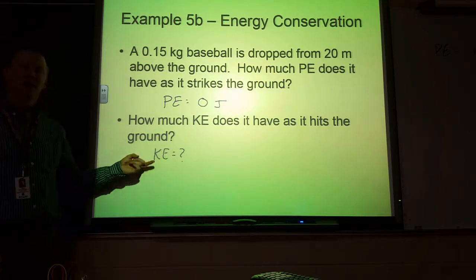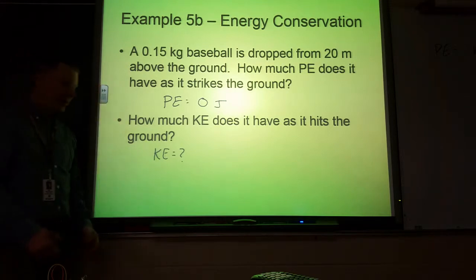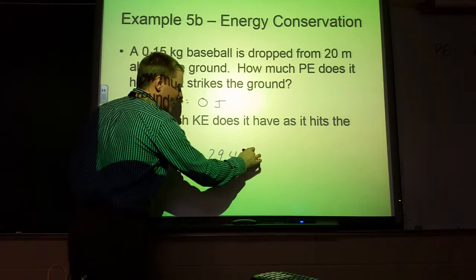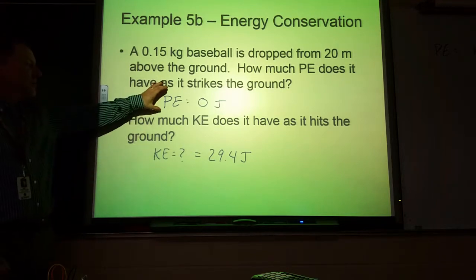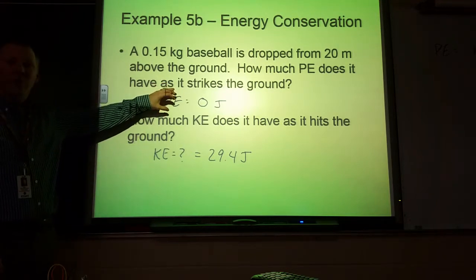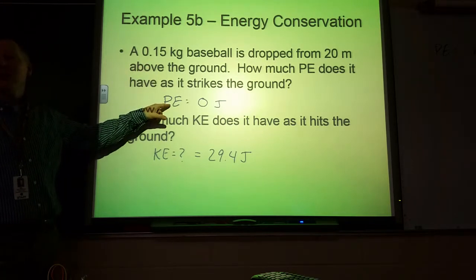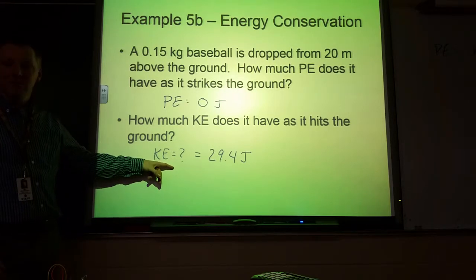So how much kinetic energy must it now have based on our previous problems? 29.4 joules. Right? We don't even have to calculate that in this situation. We don't need to know the speed. All of this potential energy that it had, 29.4 joules, it still has that energy, but it has none left in potential energy, so it must be in kinetic.